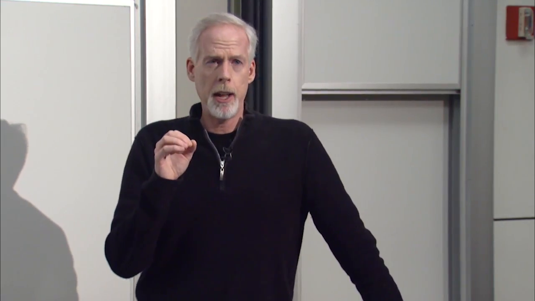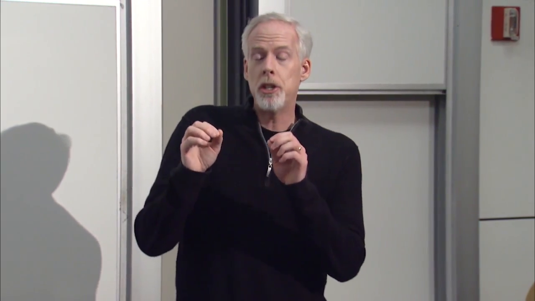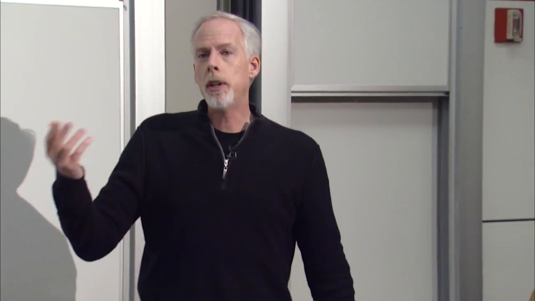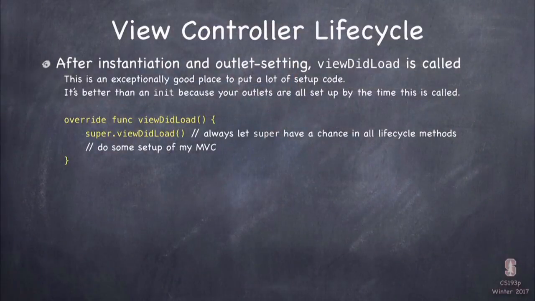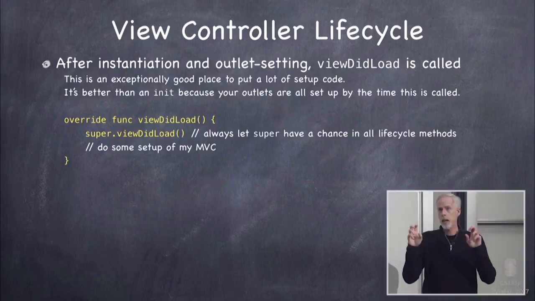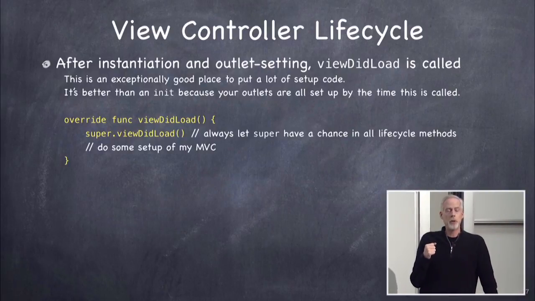All right, so let's talk about the messages that are sent to invoke methods in your view controller when these various things happen. You already know about your outlets being set, right? And you can watch that with your didSet property observer. And you already know about preparing. I just showed you that.